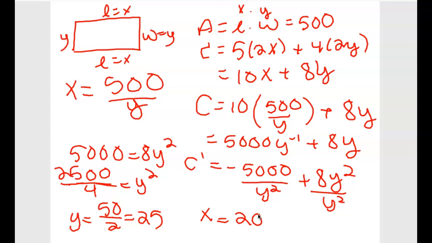17 is the same problem, but now it's the reverse. 16 is minimizing the cost based on your amount of fencing. 17 is maximizing the area based on the cost. So you're going to take those same two equations.